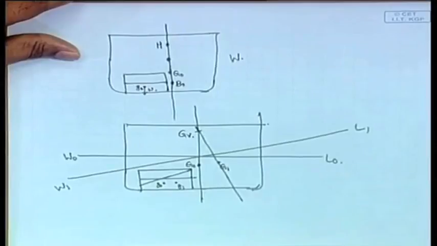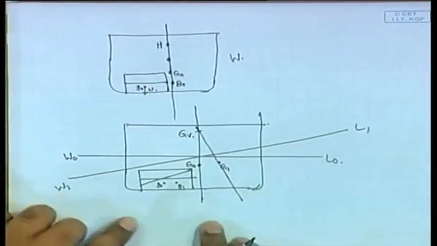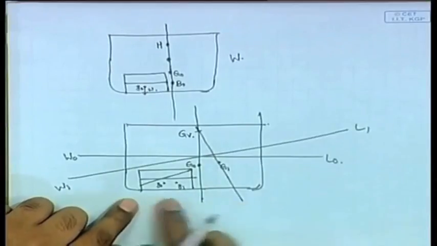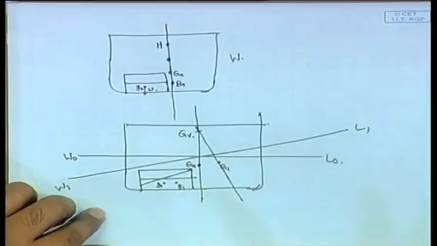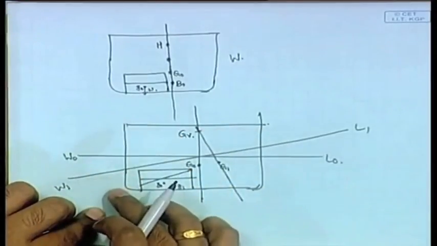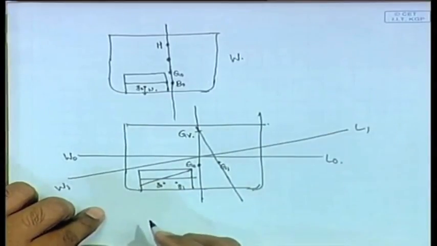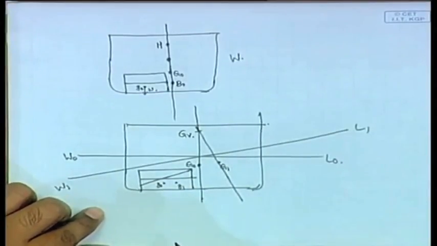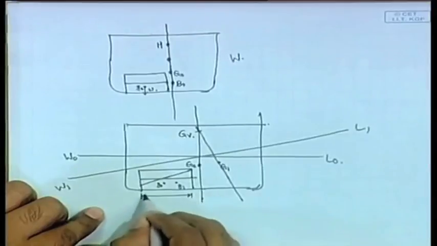Now, let us derive the expression. Okay, let us assume that in this derivation this is a box, it makes the derivation simple. We will do it for the general case later, but first of all let this be a box, we have already said box shaped barges. So, this is one of those, and let us call the distances, let us say that this distance is b, small b.